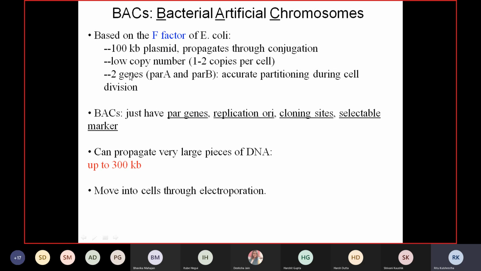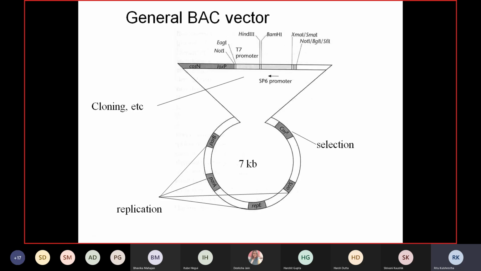The genes that are required for BAC propagation are the genes which are obviously involved in its replication. One is the origin of replication. Then we have the rep protein, which is also involved in its replication and control of its copy number.